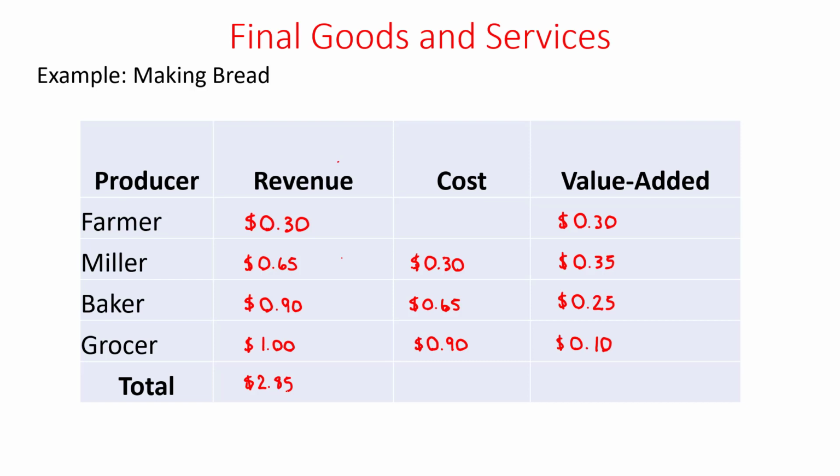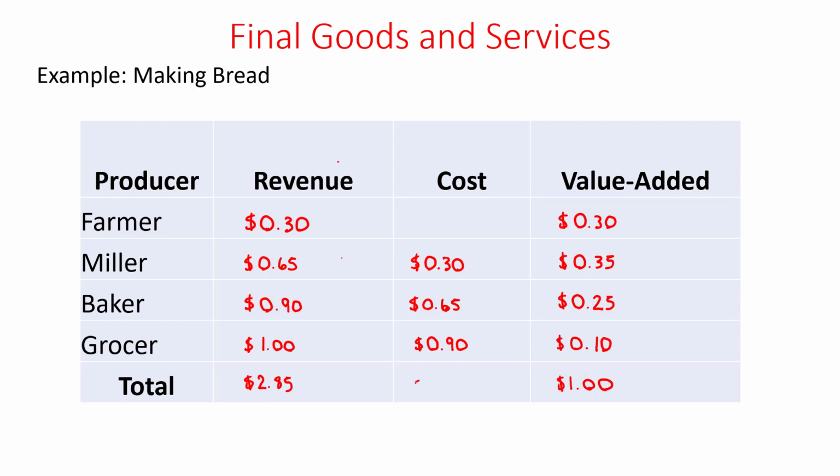But in reality, again, we're just focused on adding up the value added, or again, looking at the final good or service. So if you add up the value added, right, then that's going to be 30 cents plus 35 cents, which is 65 cents, plus another 25 cents comes out to 90 cents, plus another 10 cents comes out to $1, which, if you notice, is going to be the difference between the revenue and then the cost of these ingredients along the way.